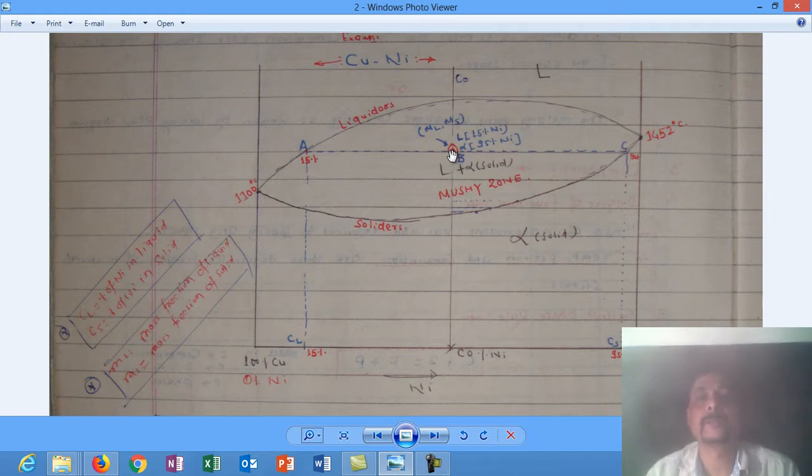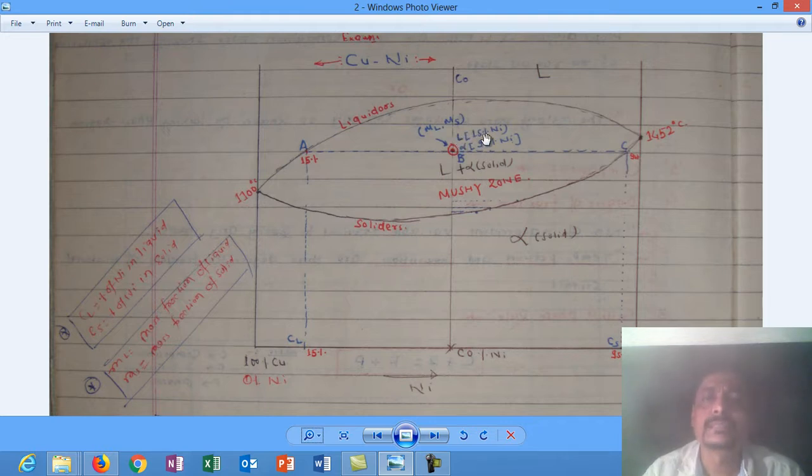At this point, in the liquid there may be some fixed percentage of nickel, and similarly in the solid phase there will be a different percentage of nickel, because this is a combination of liquid and solid phase. Let us suppose here 15% nickel is in the liquid phase.